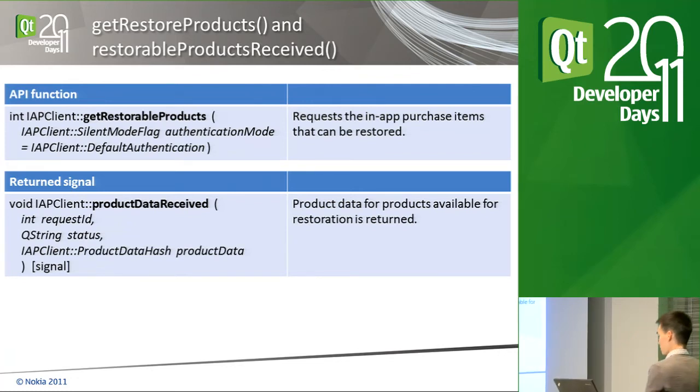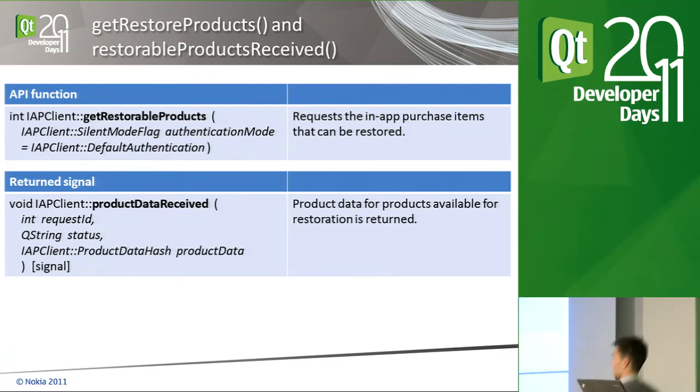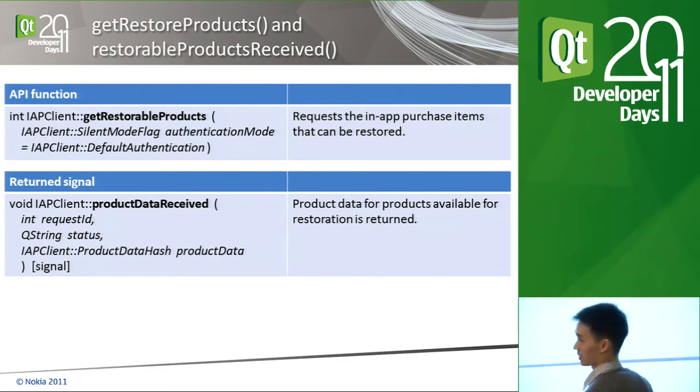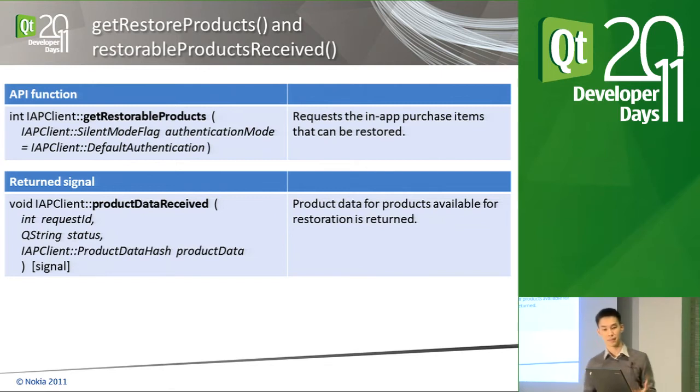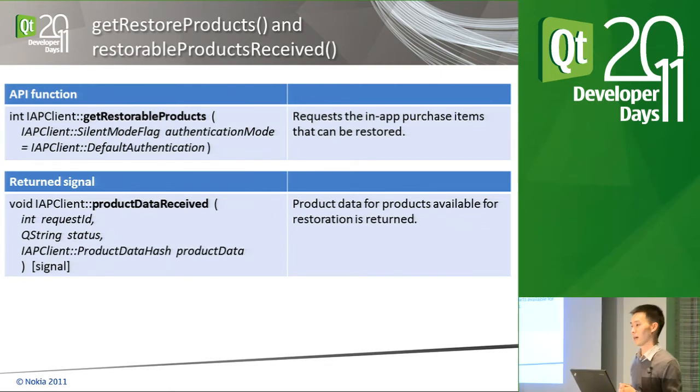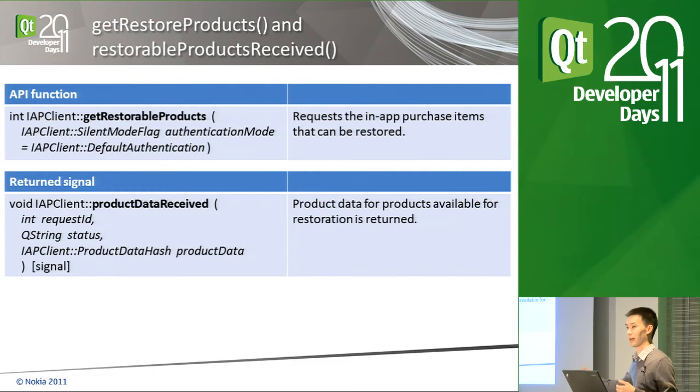OK, so I mentioned very briefly about restoration. So restoration is a use case in which if, let's say, a user decides to reset their device, they can recover from the factory reset using the restoration API. So get restorable products, it's similar to get product data, but you make a call to the Ovi store, and it will tell you which products are eligible for restoration.